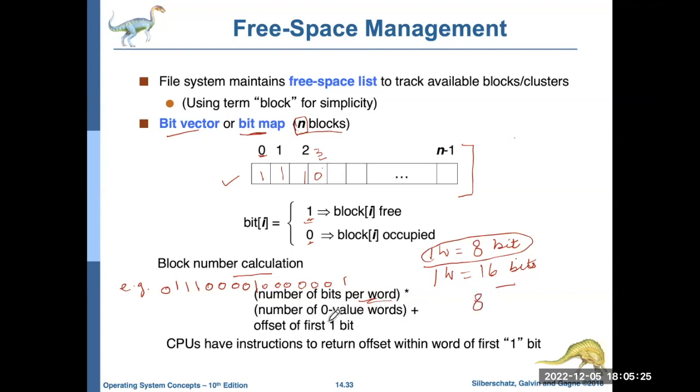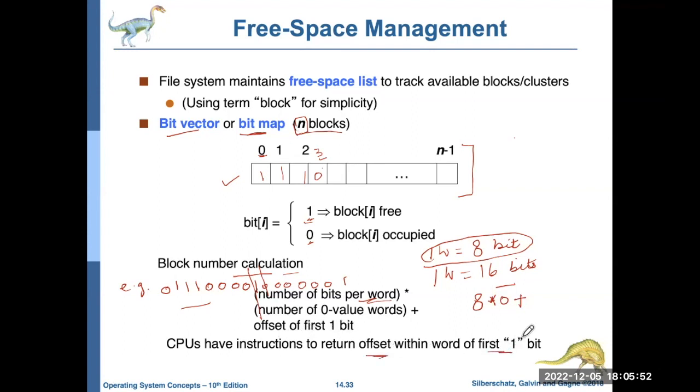So 8 into the number of zero valued words. Is there any zero valued word? This one is one word, this is another word, so zero valued words here: none. So 8 multiplied by 0, plus the offset of the first 1 bit, which is available by a CPU instruction.